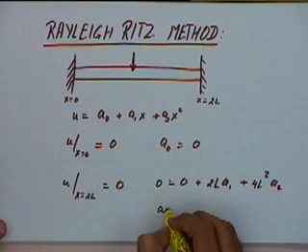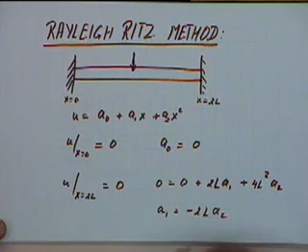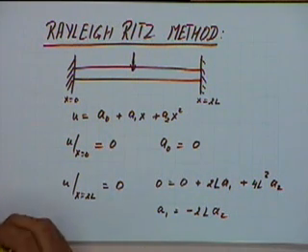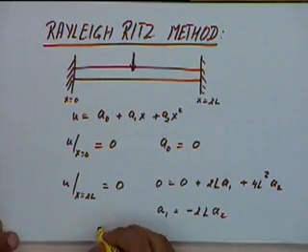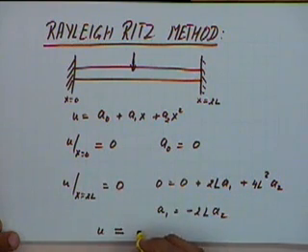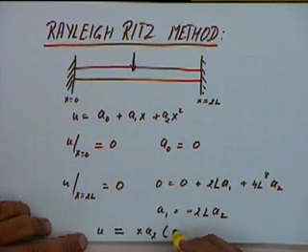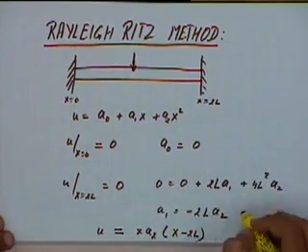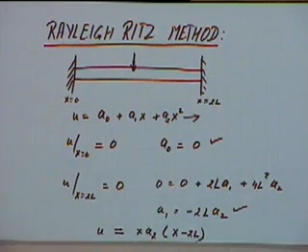So from this we will get a1 will be equal to minus 2L a2. If we put this back over here, we will get an expression for u in terms of a2, and it will be x into a2 into (x minus 2L). I have put this and this into this equation.